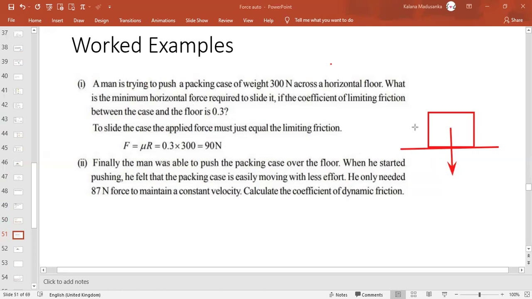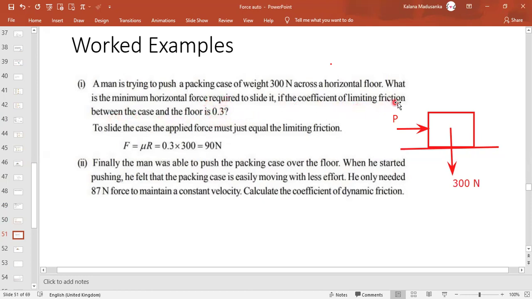Okay, that's a good question, which means in order to push this one, what is the minimum force? Let's say that force is P. This is 300. And the coefficient of limiting friction between the case and the floor is 0.3.